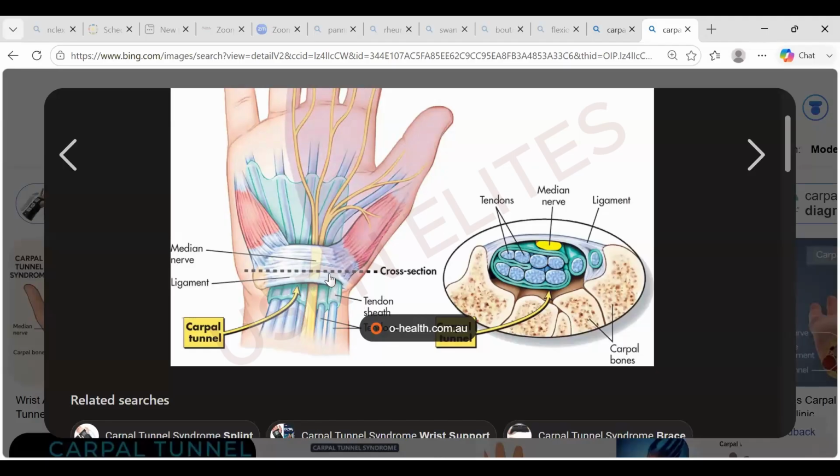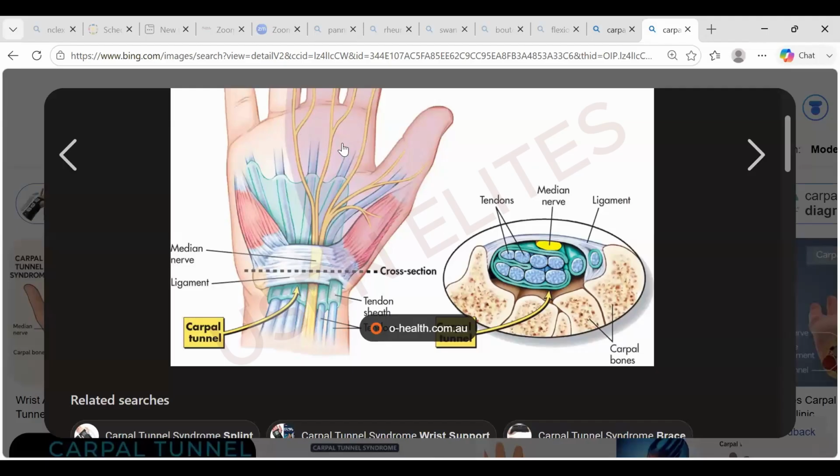So supposing that there's rheumatoid arthritis, we have muscles, we have nerves, we have ligaments, and then the median nerve is just running medially through the carpal to supply the hands. So if there's inflammation over here, if there's anything like inflammation constricting the nerve, what will happen?